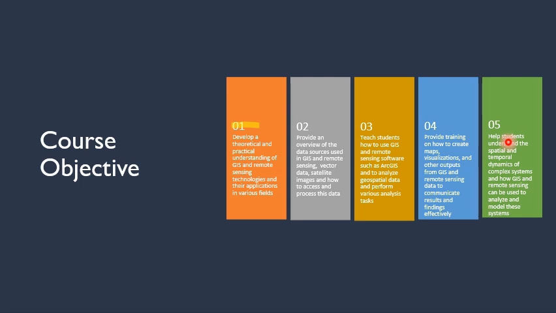So you see all these phenomena vary from place to place and time to time. So with the help of GIS and remote sensing, how can you understand all these phenomena? So these are the five objectives which we will talk about in this course.